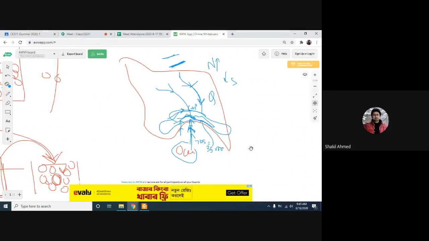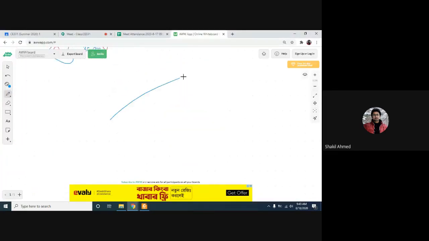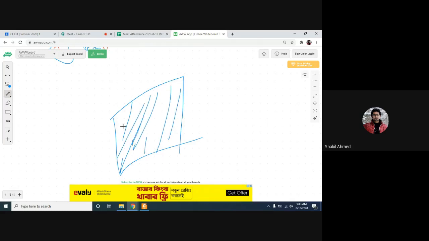That means, for example, this is a membrane here. Now, what is happening? A can pass, but B cannot pass. This is semi-permeable. Why? Because maybe A is smaller in size and B is larger in size, so it cannot pass through the pores of this media.